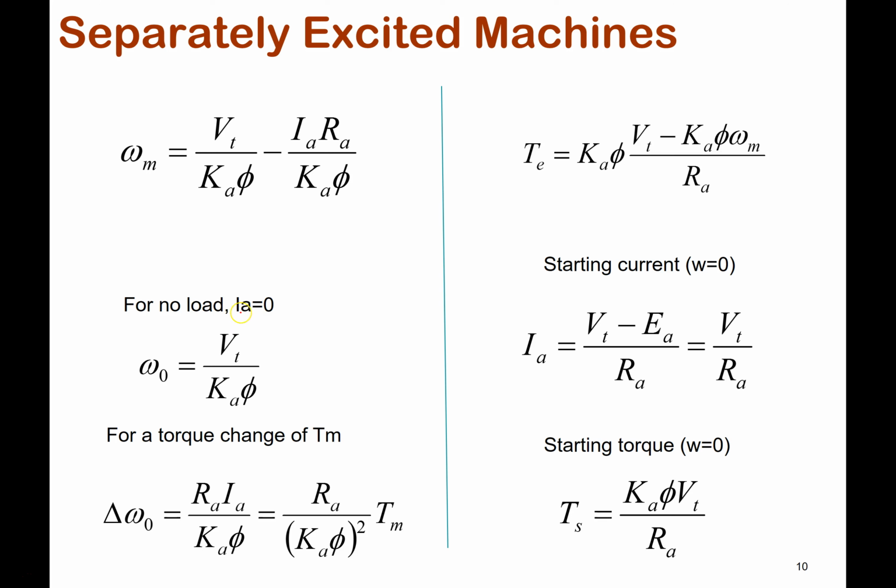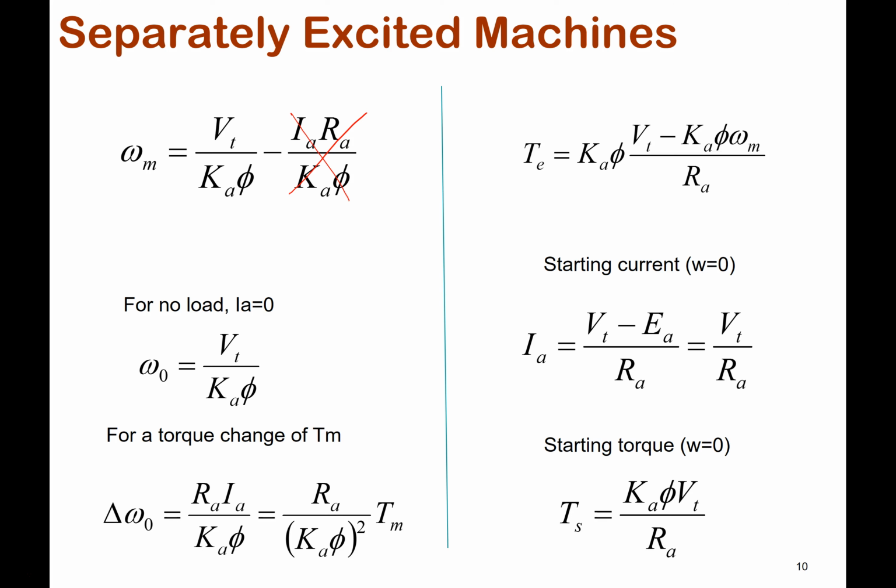Now, based on these equations, we could look at some different operating points of the machine. So we could look at no load. If there's no load, it means Ia is 0. And I have omega m here. If Ia goes to 0, this whole thing goes to 0. And then I have omega m is equal to Vt on Ka phi. And if I have a torque change of delta Tm, then I have the change in omega is equal to IARA on Ka phi.